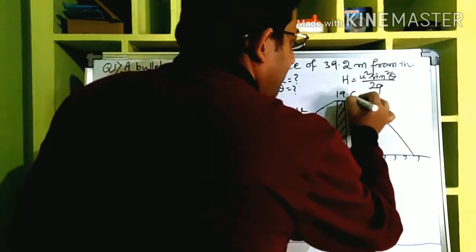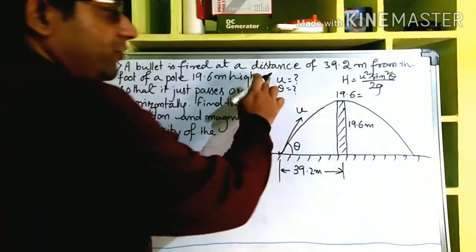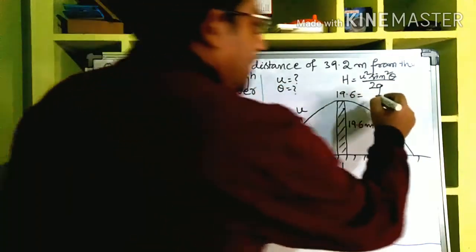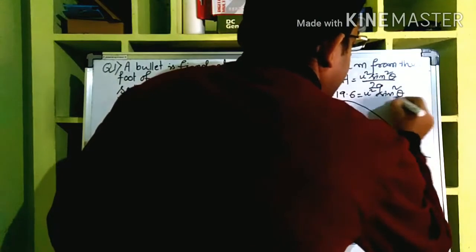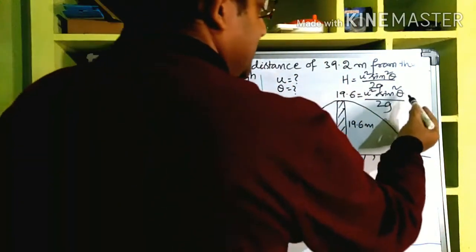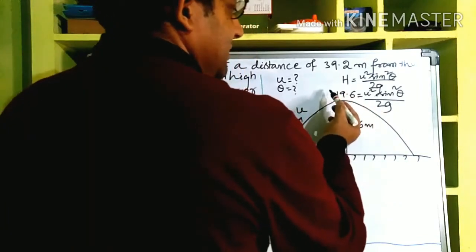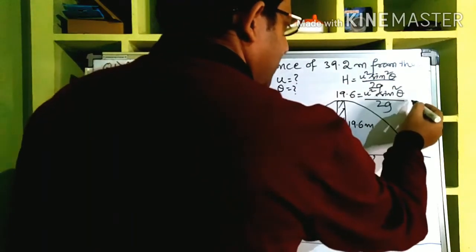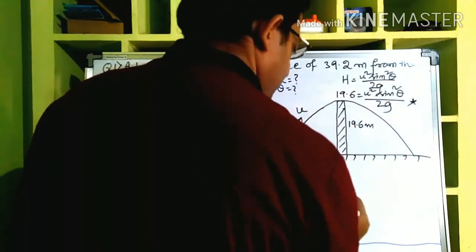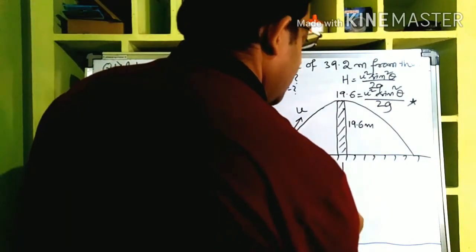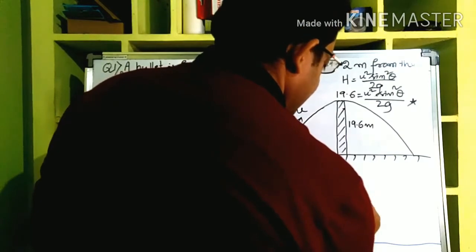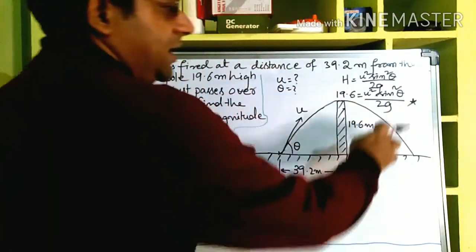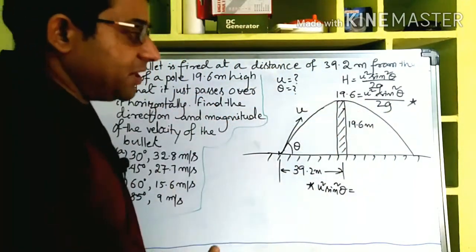I am writing 19.6 is equal to u square sine square theta upon 2g, where we don't know u or theta. So u square sine square theta is equal to 19.6 multiplied by 2g. Assume g is equal to 9.8 meter per second square.